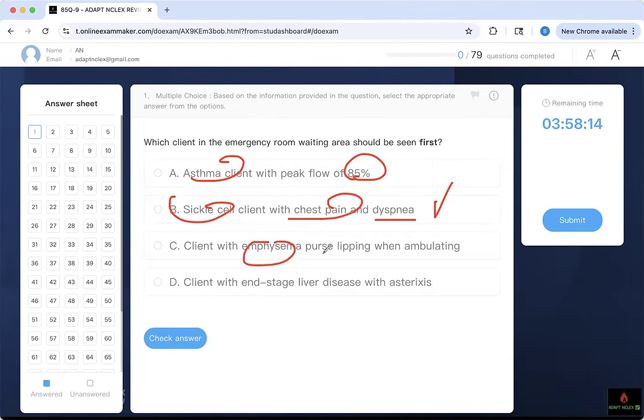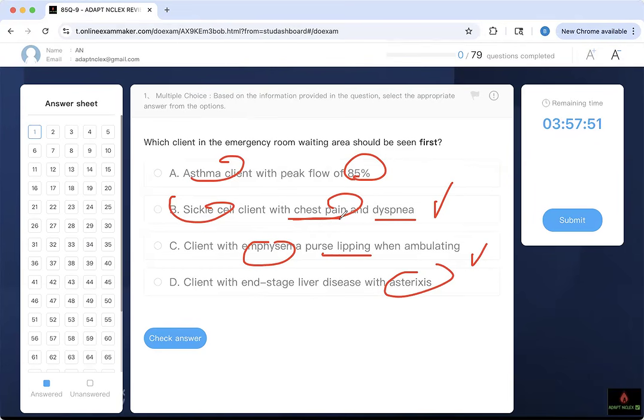Emphysema patient, what do they do when walking? They make some adaptation with pursed-lip breathing so that they can walk better. That's a good thing, right? End-stage liver disease has what? Asterixis. This is what? Encephalopathy. That's bad, but that's the second patient you should see. You should worry about somebody who has chest pain and dyspnea due to what? Sickle cell.